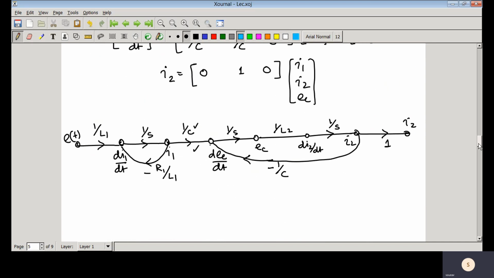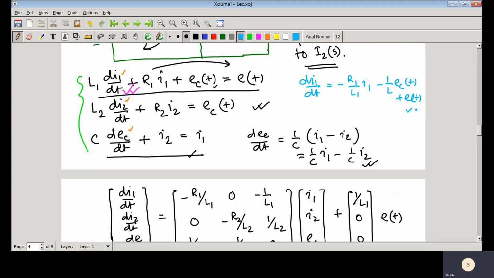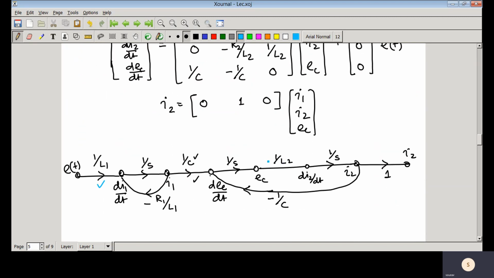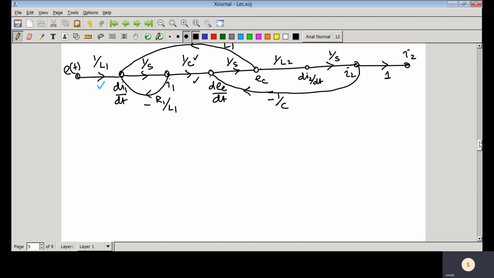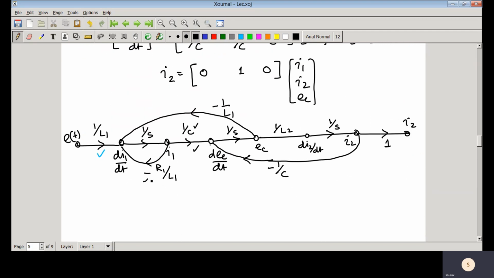So if you look here, E(t) we get, then 1 by L1, but minus 1 by L1 EC(t) we did not get. So basically we need to close a loop here. Its gain is minus 1 by L1. So we get that one, and this is minus R1 by L1 I1. So minus R1 by L1 we get it. So this one is done.